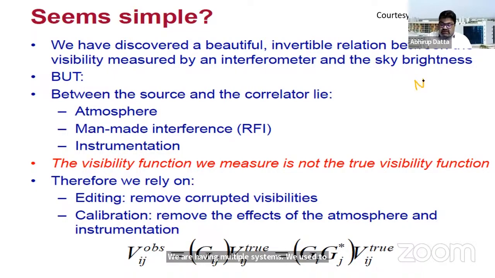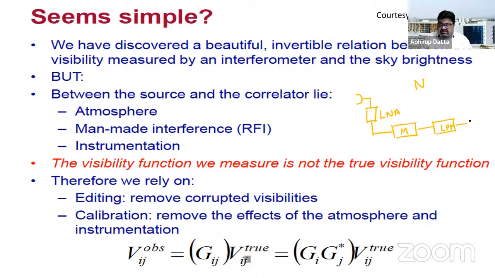Previously, we have only one in an N system. We have an antenna, and we had some kind of an LNA to amplify, right? We have a down converter, a mixer to down convert, and then again an LPF kind of a thing to cut off, and then finally a spectrometer, etc. And okay.